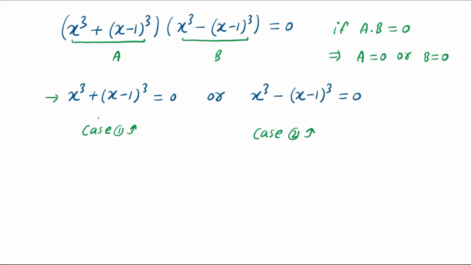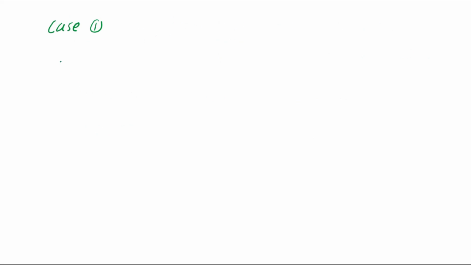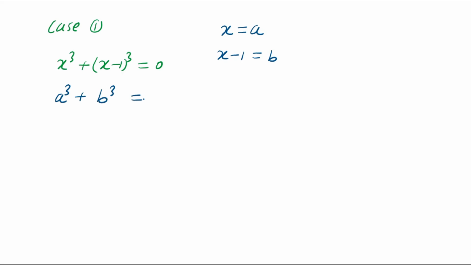Case first is x cube plus (x minus 1) whole cube is equal to 0. Here we will apply substitution. If we substitute x is equal to a and x minus 1 is equal to b, then x is replaced by a cube plus (x minus 1) is replaced by b cube is equal to 0.